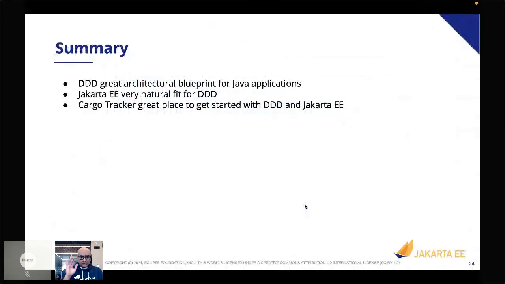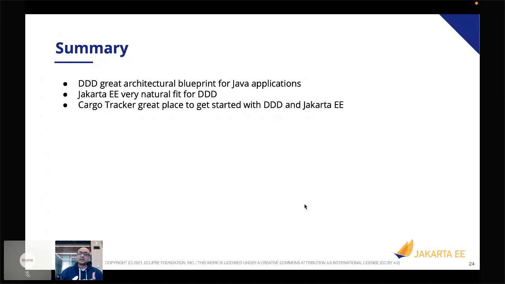So as you can see, and you will see when you begin to investigate the Cargo Tracker application, Jakarta EE actually fits DDD very well. And if you really begin to look at DDD, it's a very nice, clean way of implementing enterprise applications. In fact, nowadays, finally, things are coming to some kind of sense, and people are talking about things like strategic monoliths and modular monoliths.